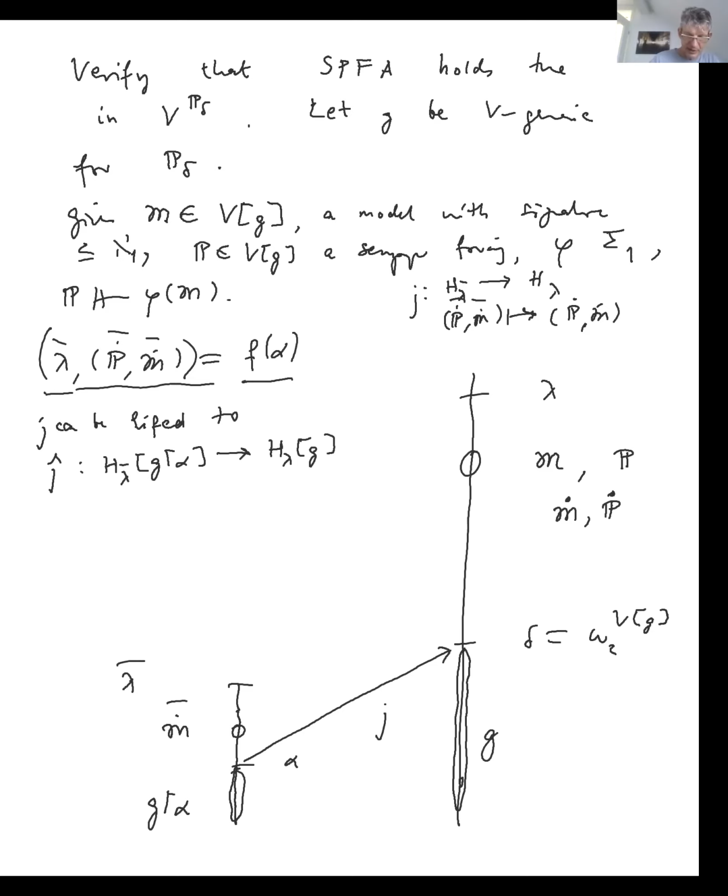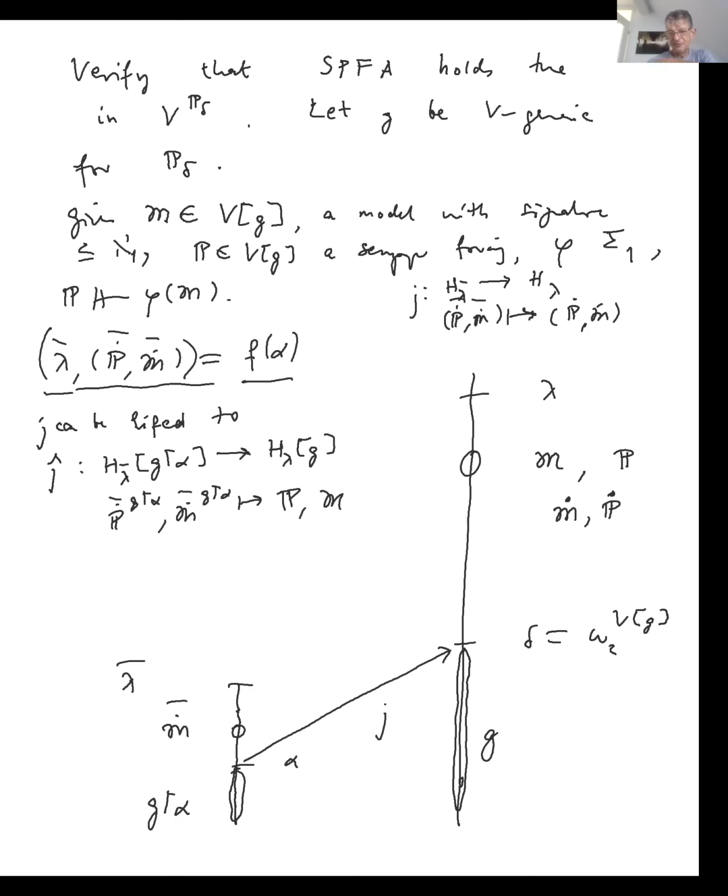So that the interpretation of this thing by G restricted to alpha and the interpretation of this thing by G restricted to alpha gets mapped to, well, M dot was the name for M and P dot was the name for P. So it gets mapped to P and to M. Okay, so this is our picture now.